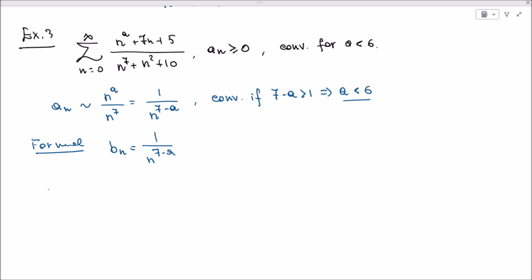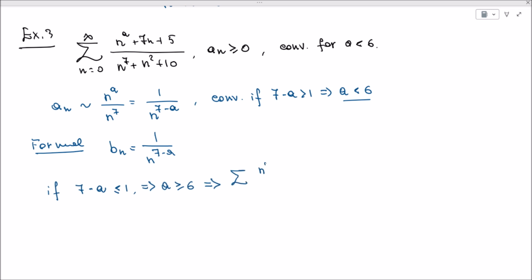So what we can do is that if 7 minus a is less than or equal to 1, which is just like saying that a is larger than or equal to 6, what happens is that the series is what?